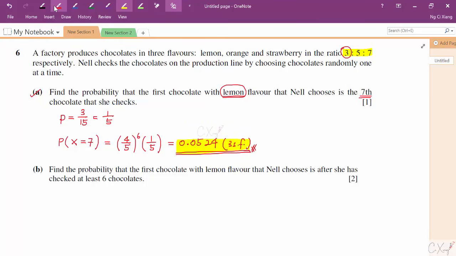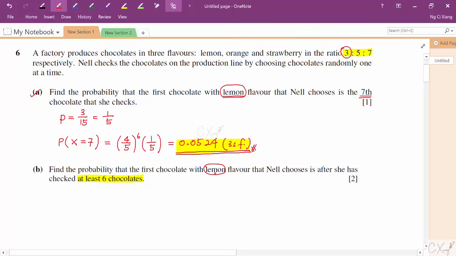Part 2. Find the probability that the first chocolate with lemon flavor that Nell chooses is after she has checked at least 6 chocolates. So for this question, the first chocolate with lemon flavor appears after she has checked at least 6 chocolates.